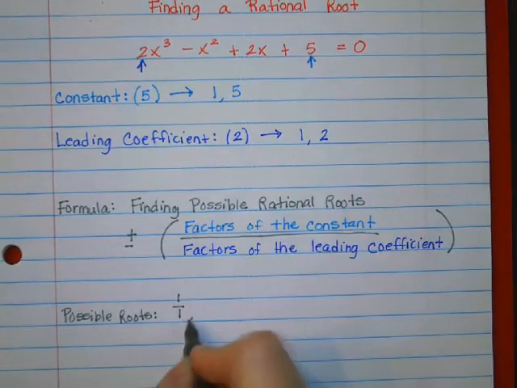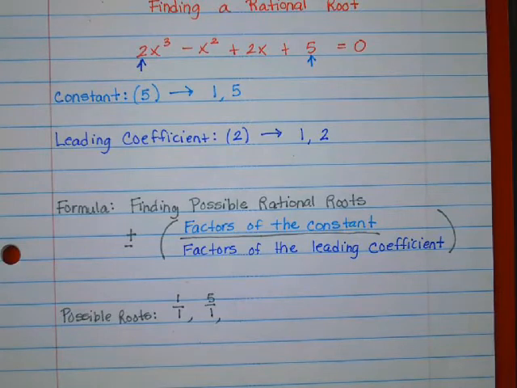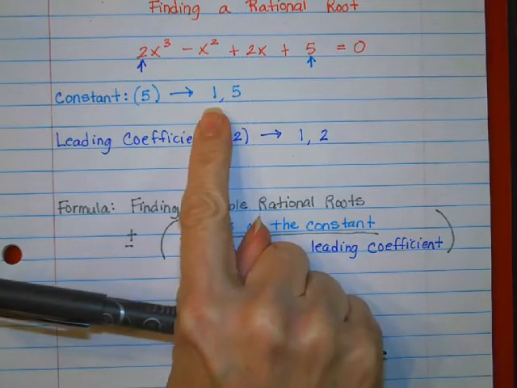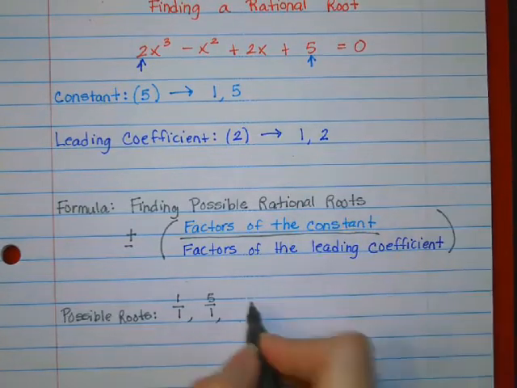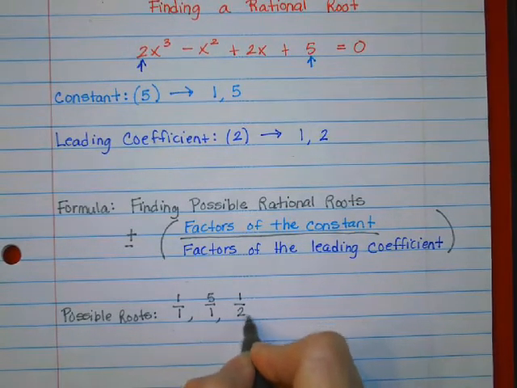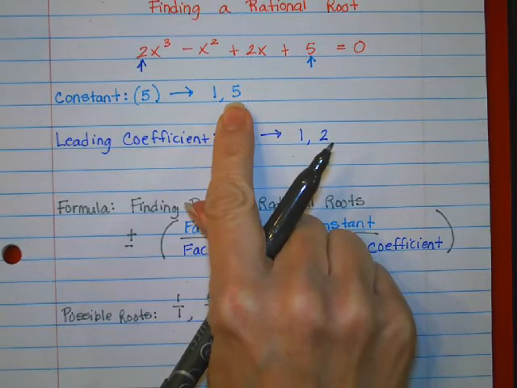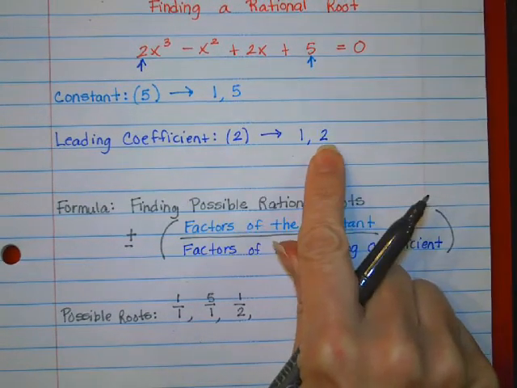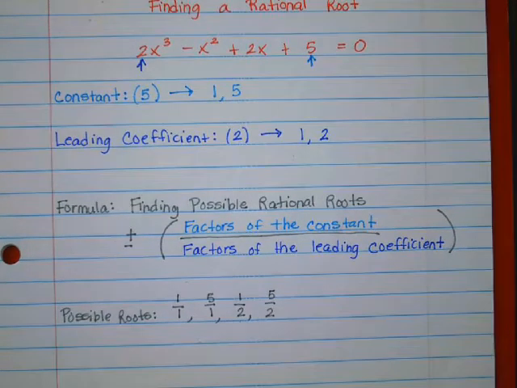So 5 divided by 1. Now I'm going to take that first factor, which is 1, of the constant, and divide it by the second factor of the leading coefficient, which is 2. 1 divided by 2. Then I'll take our second factor of the constant and divide it by the second factor of the leading coefficient. So 5 divided by 2.